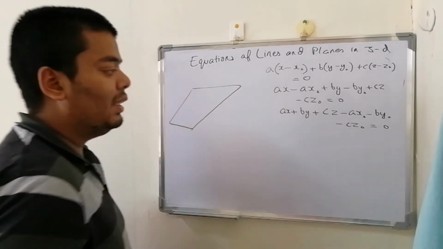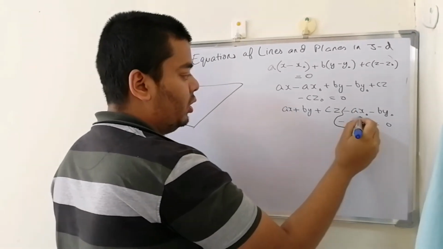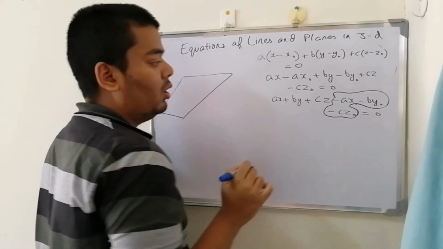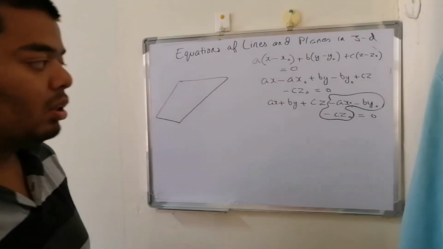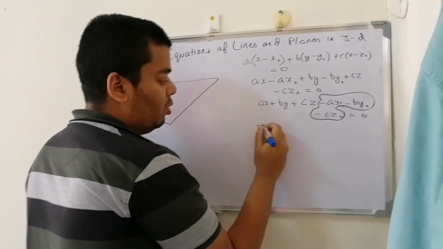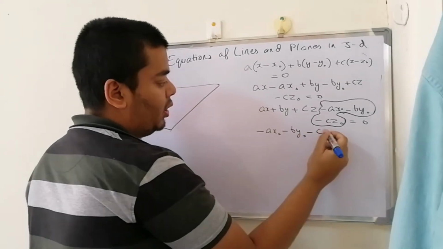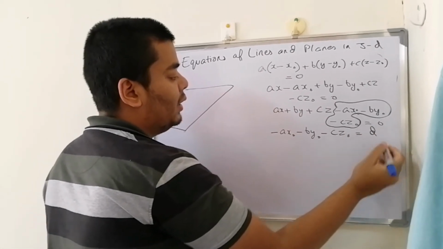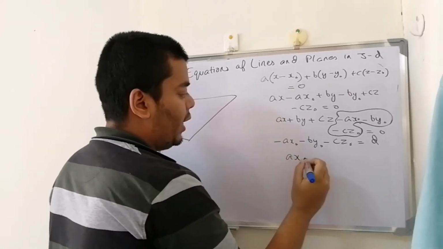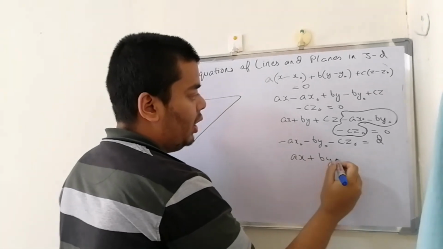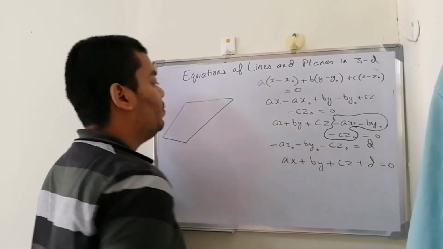Now we can see that from this part onwards, this is a constant. So minus ax naught minus by naught minus cz naught can be written as d. Hence the equation of the plane becomes ax plus by plus cz plus d is equal to 0.